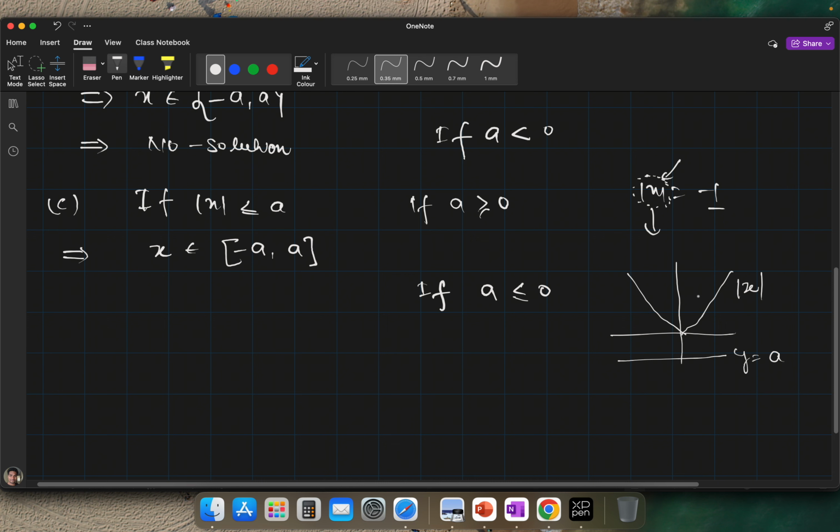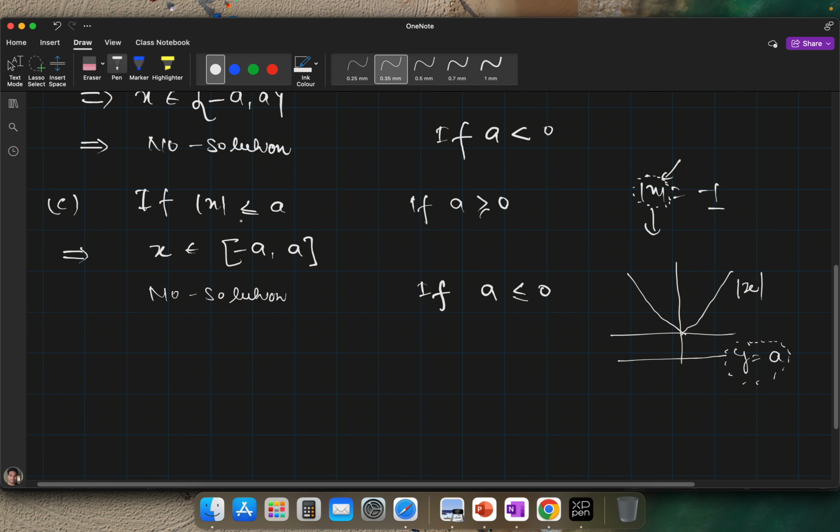You can see that for every x, mod of x is always above the line y equals a. So you will never get a solution to this inequality if a is less than 0. In this case there will be no solution.